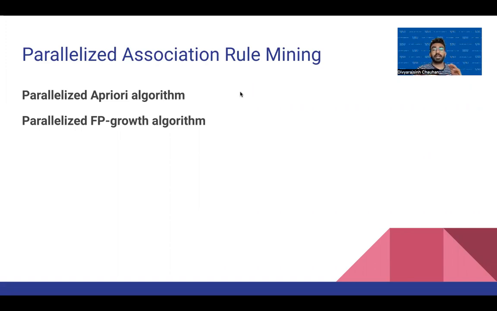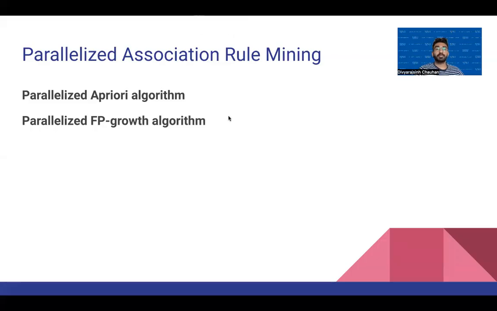How they parallelize it is that the data set is partitioned into various portions and then distributed across multiple processors or machines, and then the frequent item sets are computed in parallel. This can greatly improve the performance of association rule mining on large data sets, as they handle the computational workload more efficiently than a single processor or machine.